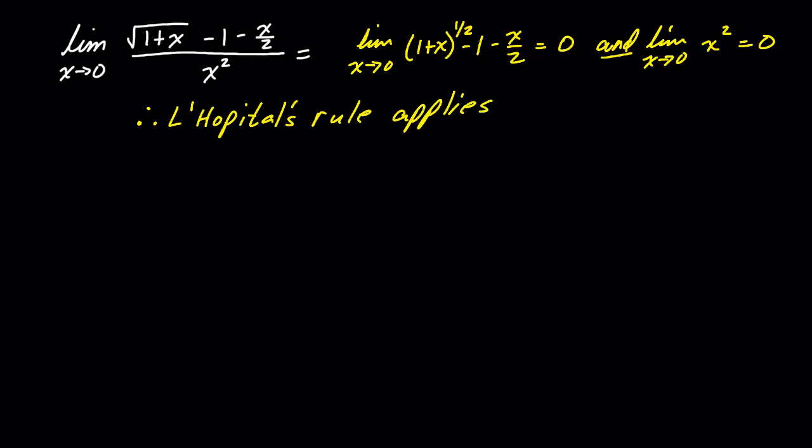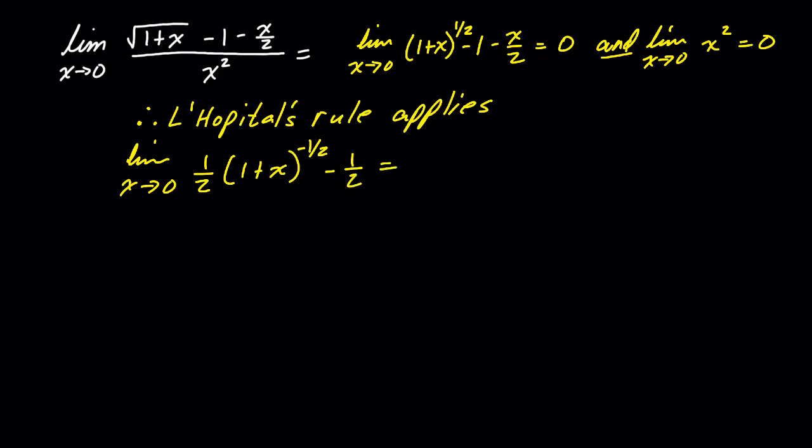And so L'Hopital's rule says the limit as x approaches 0 of the derivative of the numerator, well, that's going to give us 1/2 (1 + x)^(-1/2) minus, now the derivative of 1 is 0, but the derivative of negative x over 2 is going to be negative 1/2.